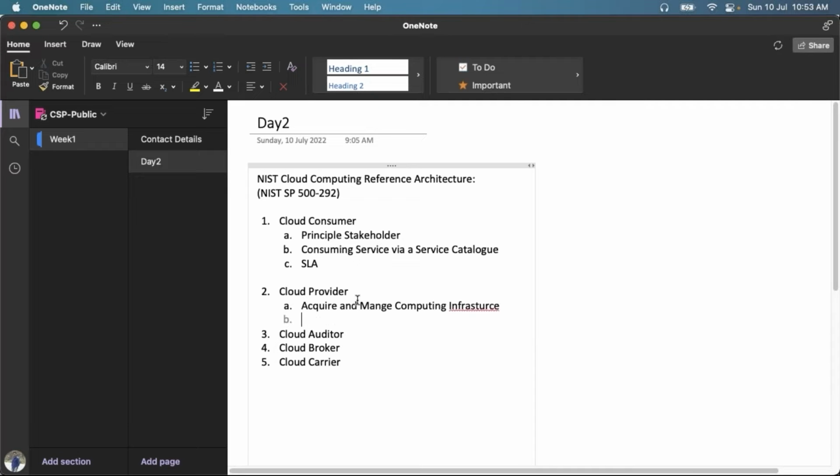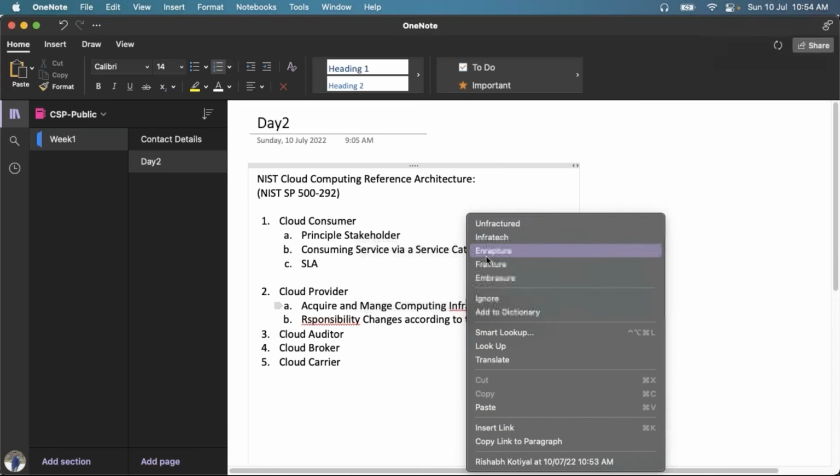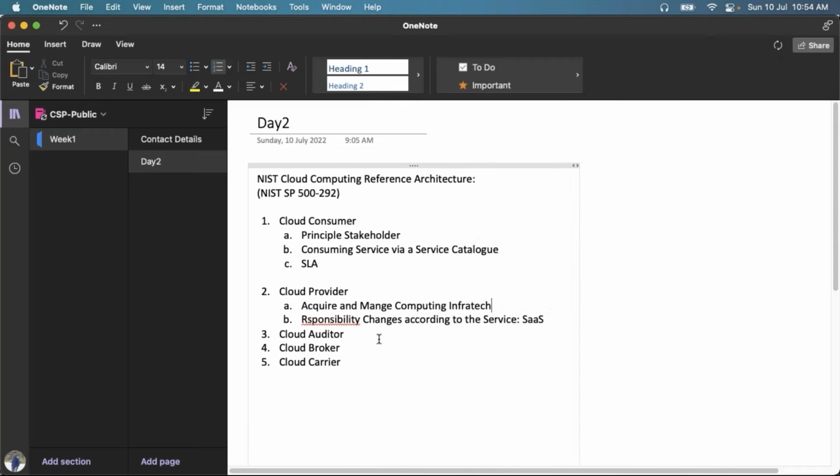Now, responsibility changes according to the service, right? What we mean by this is, it depends on whether you are consuming SaaS. In SaaS, the cloud service provider takes on more of the responsibility.